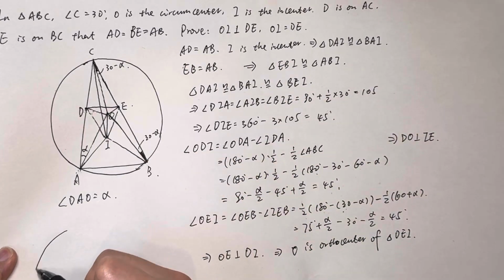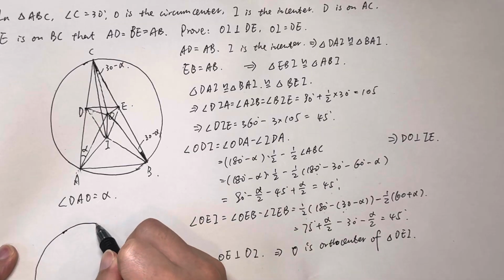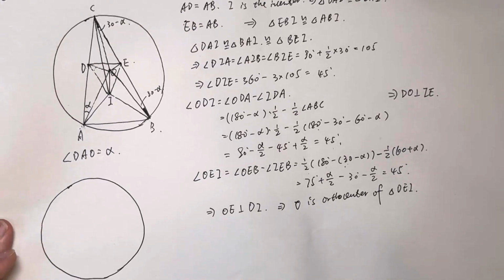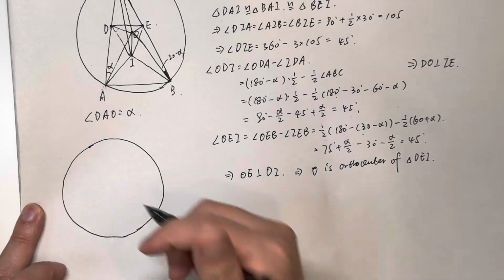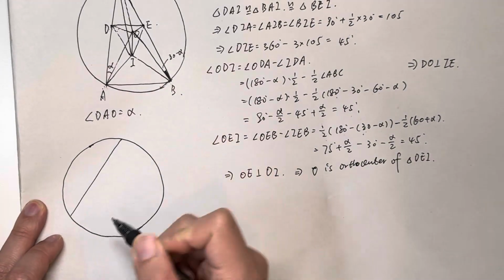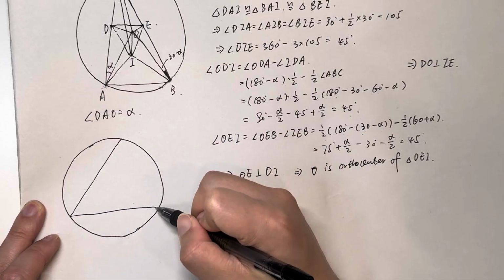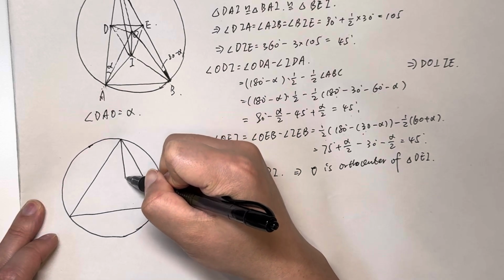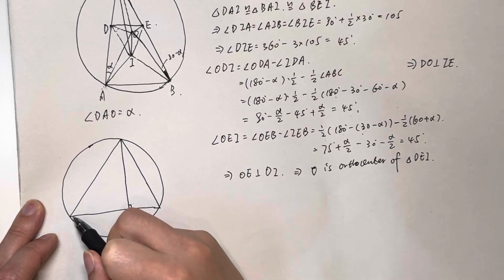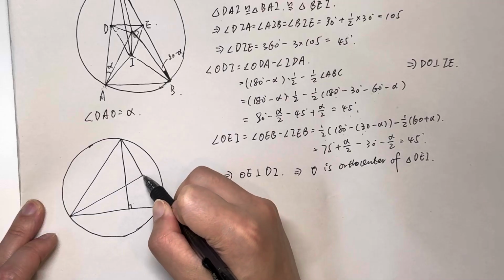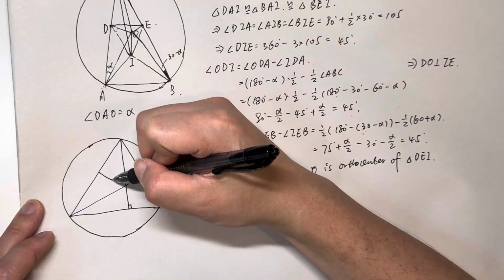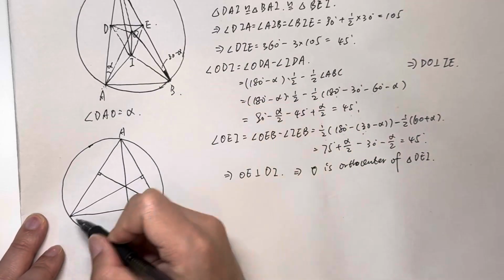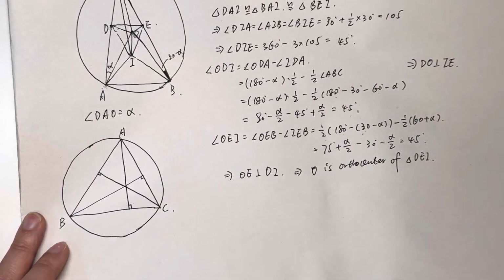We need to remind ourselves of the property of the orthocenter. So here I draw a circle, right? For any triangle here, we find the orthocenter of this triangle. I think I introduced this property before in the chapter on the property of the orthocenter, but let's just refresh ourselves.